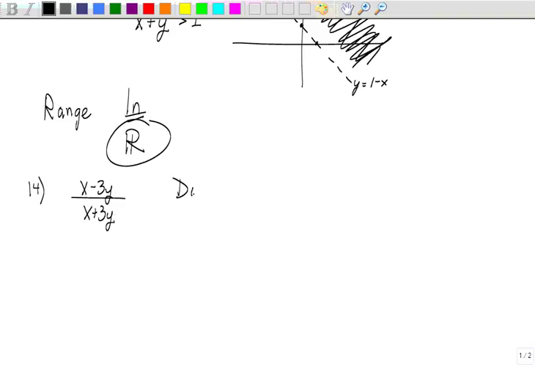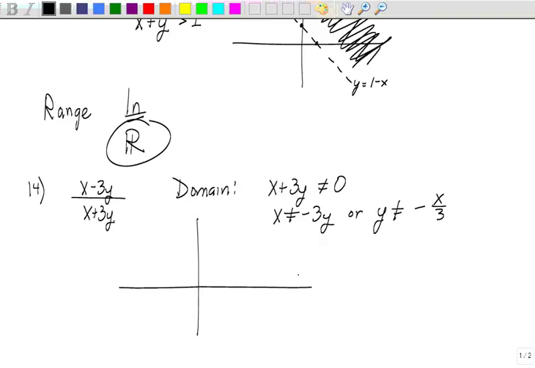Okay, your domain, your denominator can't be 0. So x can't equal negative 3y, or y can't equal negative x over 3. So if you graph that, you get everything except the line.